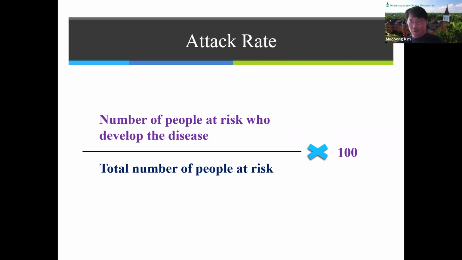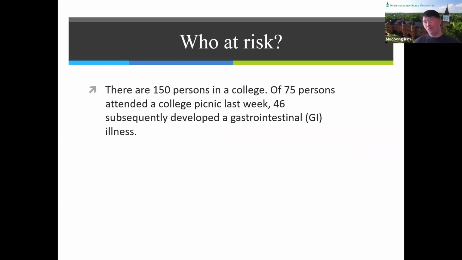It is very straightforward, right? Number of people at risk who develop the disease over total number of people at risk, times 100, we can get the attack rate. Let me briefly talk more about the meaning of who is at risk.